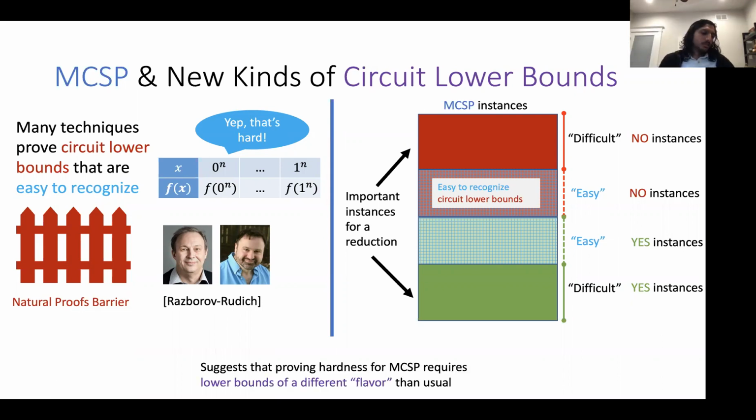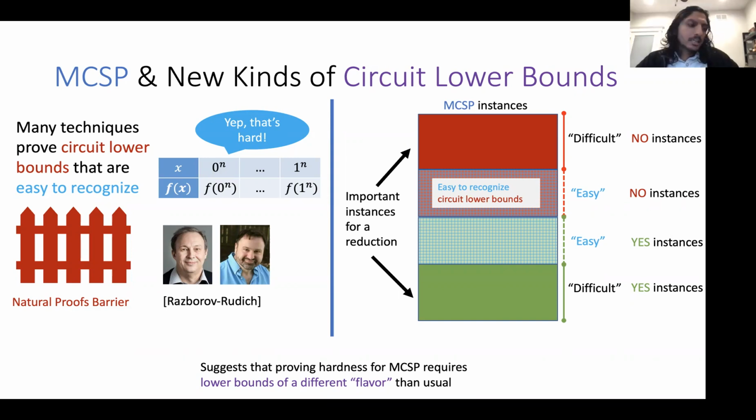One takeaway, one conceptual result that came up in this work, is that this suggests that proving hardness for MCSP actually requires lower bounds of a different flavor than usual. Maybe they don't have to be better lower bounds in some sense or anything like that. They just probably don't fit into the mold of lower bounds we already know.